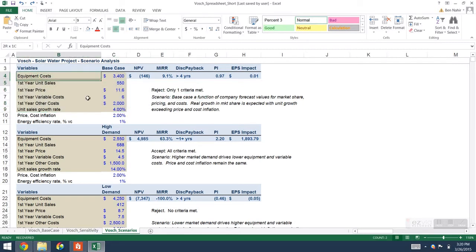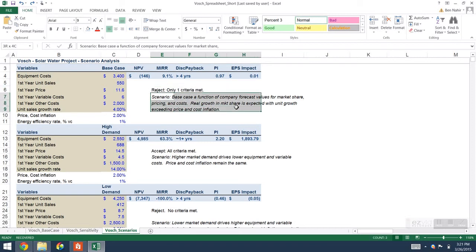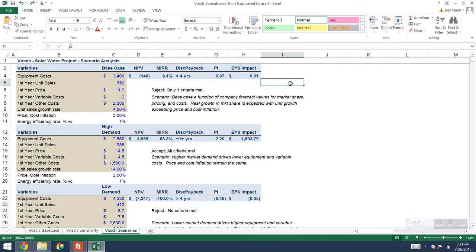Now, to go along with the variables that are changing, there's a section that shows the output from that analysis. Again, these are the same variables that are found in the key results on the first page. There's an interpretation or conclusion for that particular scenario, and there's a description of that scenario, which makes it a little bit more realistic.